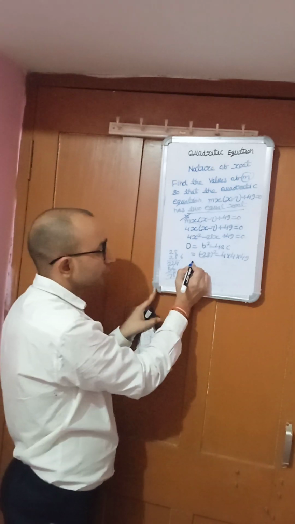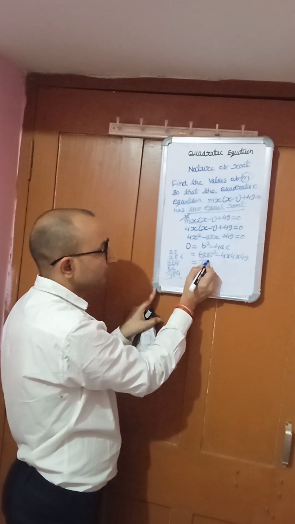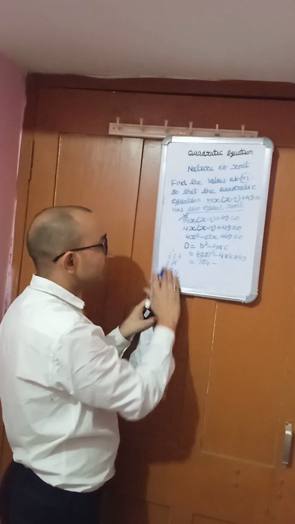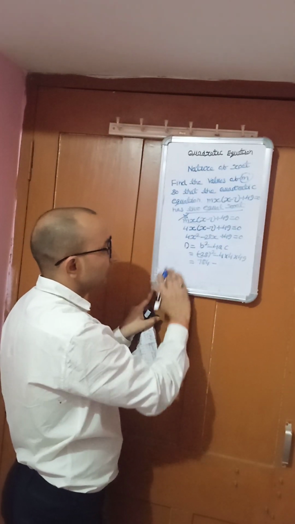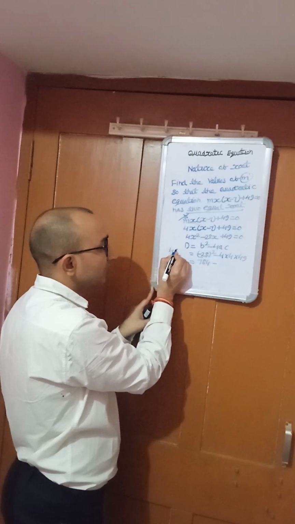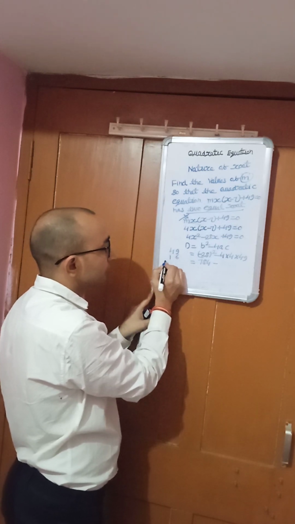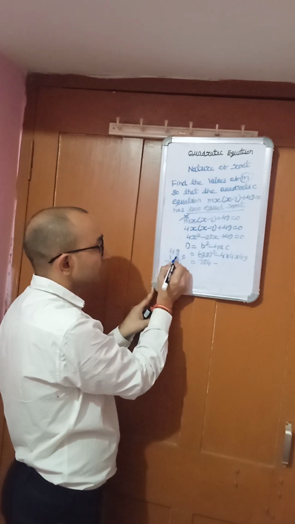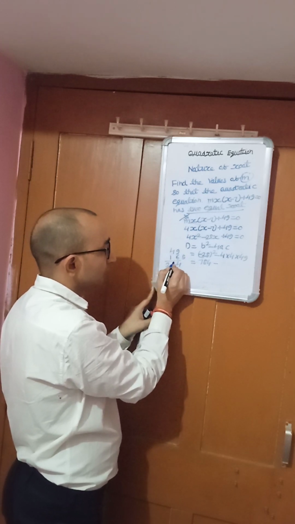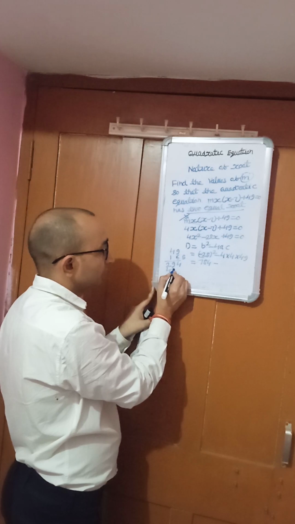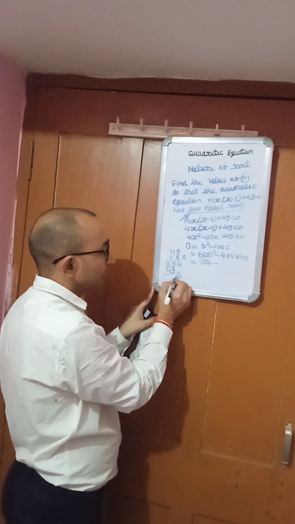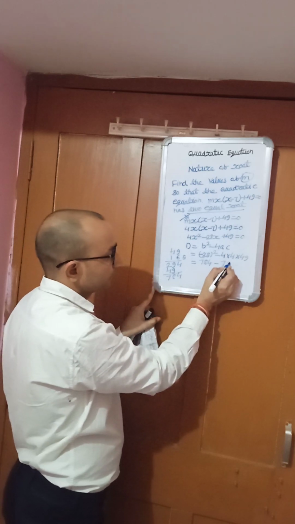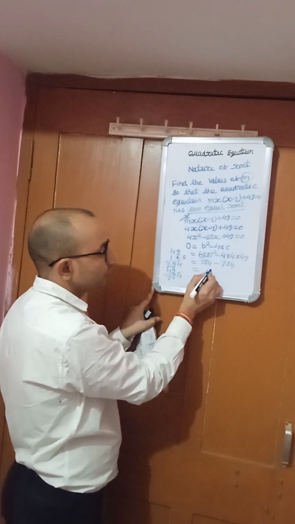784. So write here 784 square. And if we multiply this 49 into 16, 49 into 16, we say here d equals to 0.